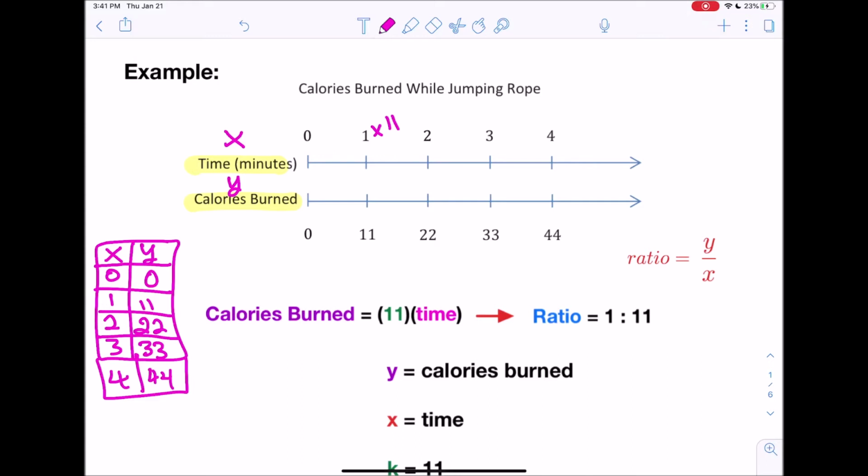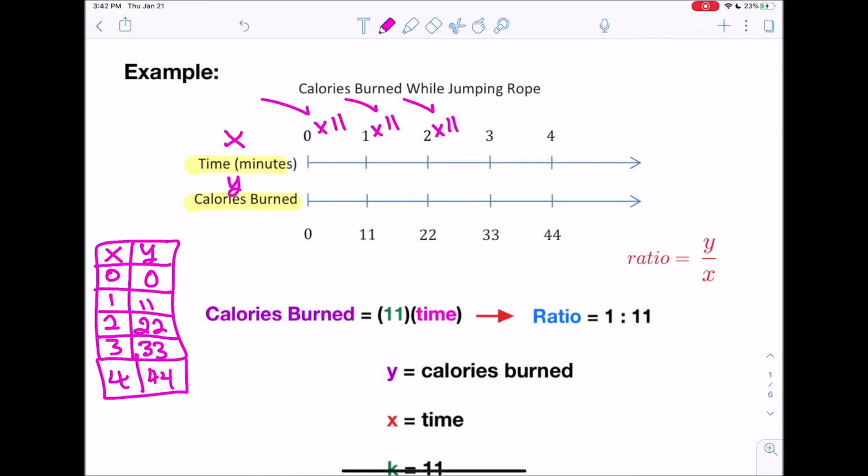If this is a proportional relationship, then all of the x's, when you multiply by 11, should give you the y. So 0 times 11 is 0. Does it work? Yep. 2 times 11, does it equal 22?